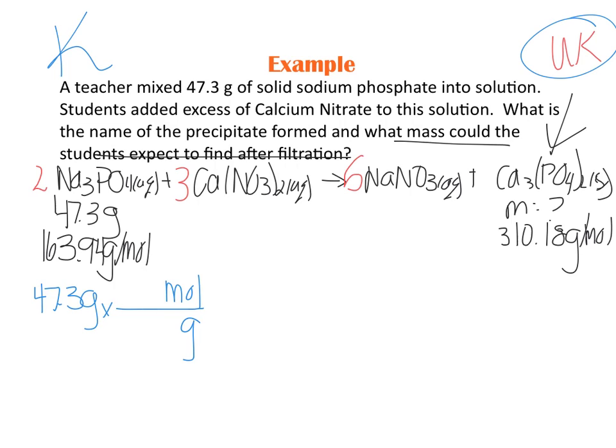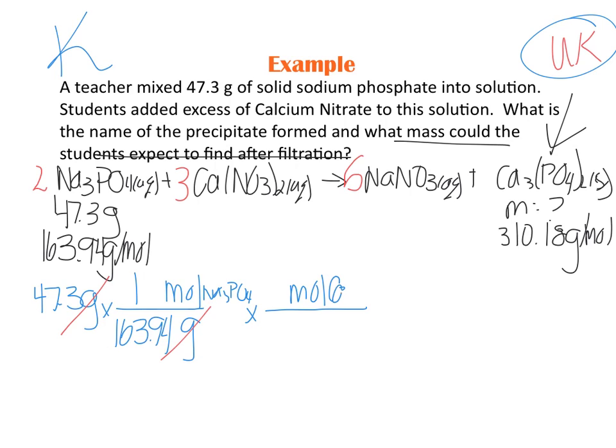We know that there are 163.94 grams per 1 mole. That's what we calculated the molar mass to be of our sodium phosphate. All right, so grams have canceled. And now we need to cancel moles of sodium phosphate and switch to moles of calcium phosphate.